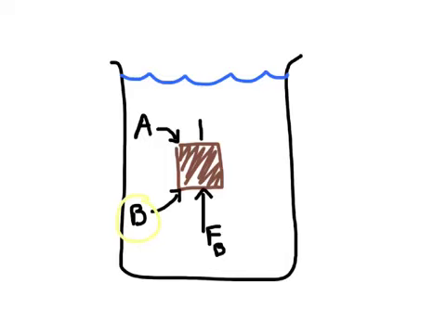Then I'm going to draw a shorter arrow on top for the force coming down from the top. So the force on the bottom is going to exceed the force on the top, because from the force of the water there's less pressure on top. That means that whenever an object is in water, you always have a greater force pushing up from below.